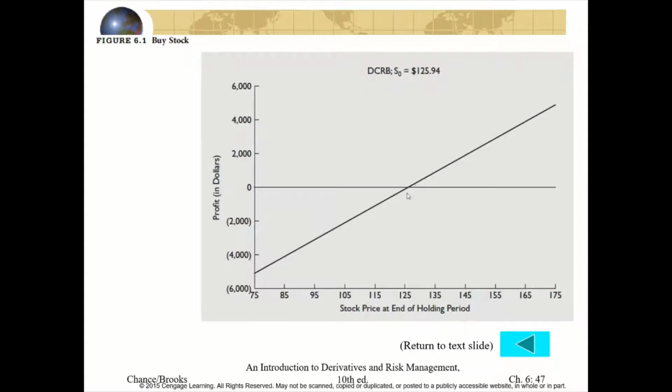If you bought the stock at 125.94 and the price when you sell it is 165, then you make a profit. If you sold it for 95, then you are going to make a loss. So this is something that is basic and intuitive.